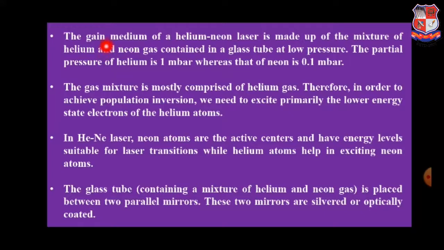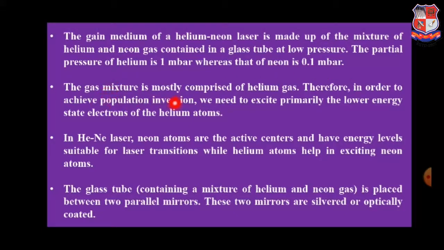To attain the population inversion phenomenon in this HeNe laser, the gain medium is made up of a mixture of helium and neon gas contained in a glass tube at very low pressure. The partial pressure for helium is 1 millibar, whereas for neon the pressure is maintained at 0.1 millibar.